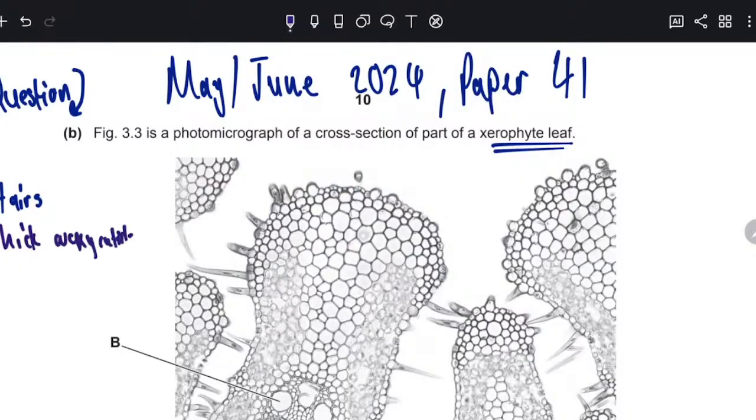For xerophyte, we'll talk about small leaves. You can talk about small leaves if you want. The leaves are very small. We said they are needle pointed, they are needle shaped, to reduce the surface area. All those you can talk about. You can talk about sunken stomata, of course.